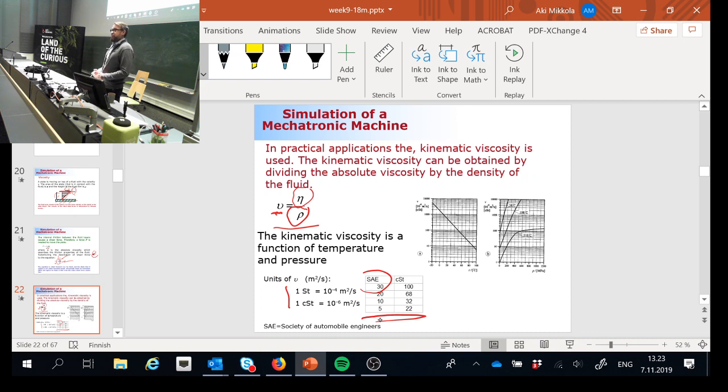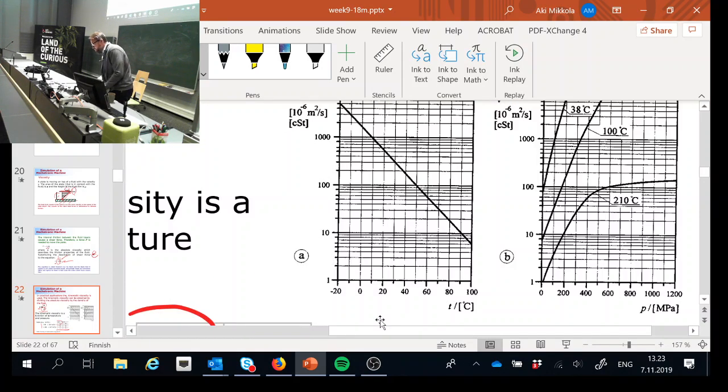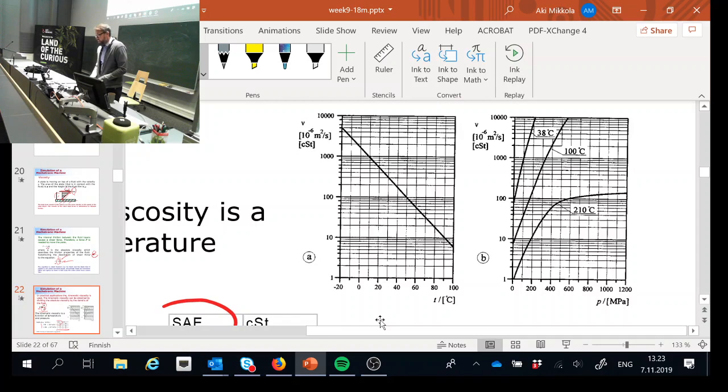What it actually means is that the oil is not warm enough, because the temperature of the oil affects its features quite significantly. And this is an example that tells you how temperature affects viscosity. It is shown on a logarithmic scale and is a significant effect.